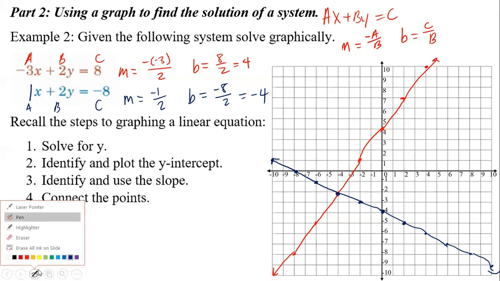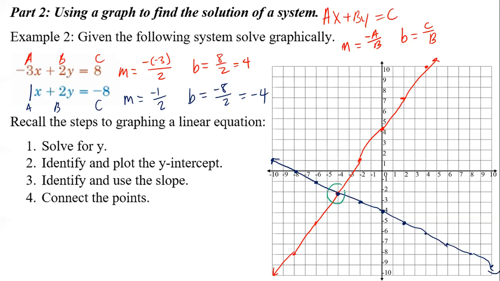Do we see a point of intersection? Why, yes, we do. That point of intersection, that's our solution. This is our solution. And so what is the solution?